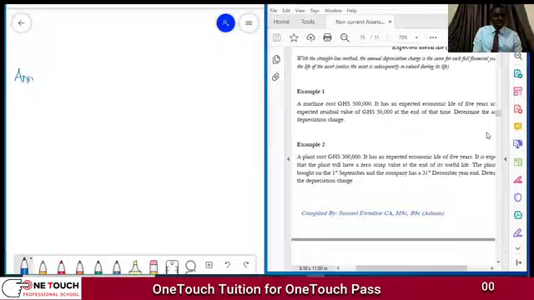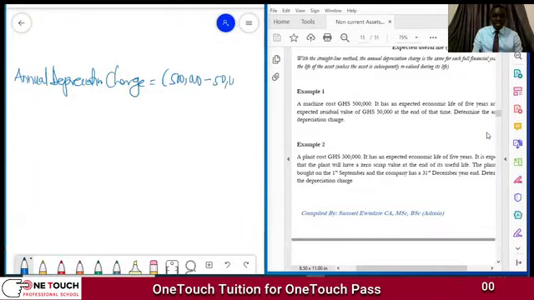The annual depreciation charge will be equal to the cost of the asset, which is 500,000, minus 50,000, all over the useful life of the asset, which is 5 years.